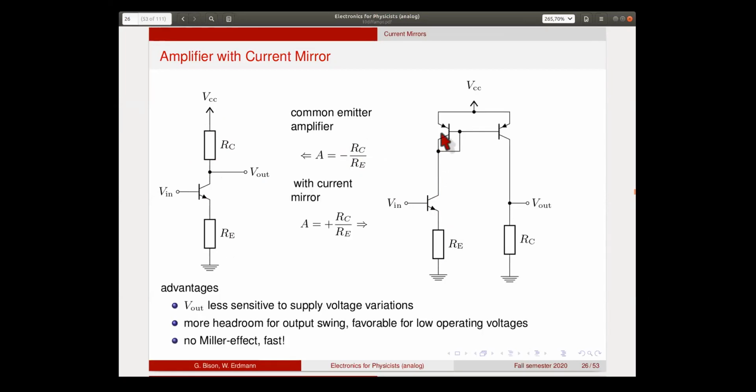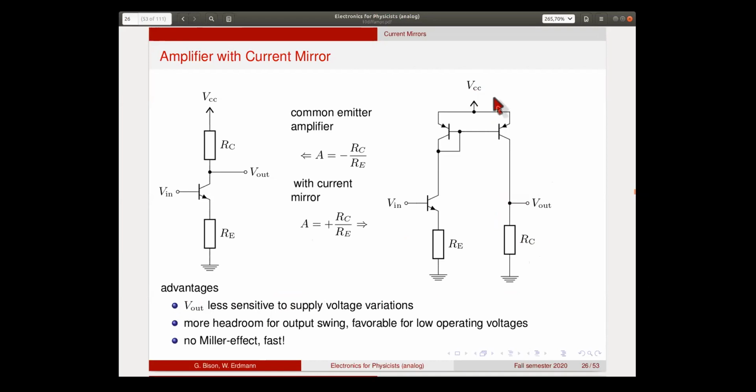But now instead we attach the current mirror, and now the same current is flowing down here, and we can put the collector load instead on this side. And now the gain is positive, which is not a great advantage. It's just what it is. But it has several advantages. So one advantage is that for this transistor, the output potential is almost completely independent of your supply voltage.